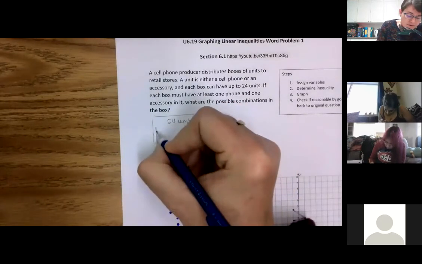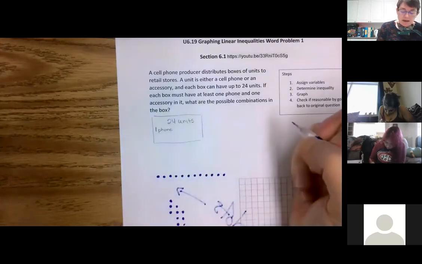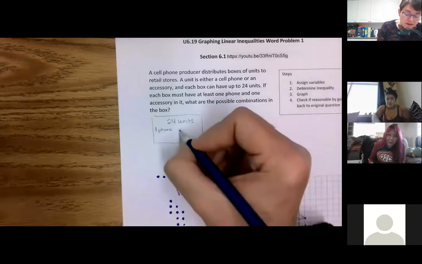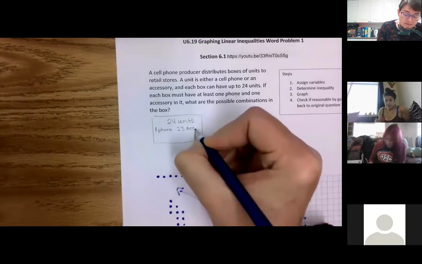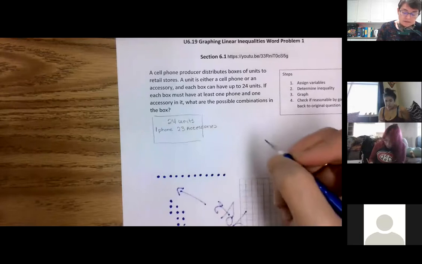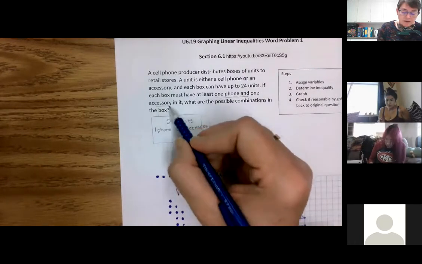So let's say we have put one phone. And how many accessories could I put in there if I put one phone? Anybody? 23. I have 23. And that fits everything. We need at least one phone and one accessory.